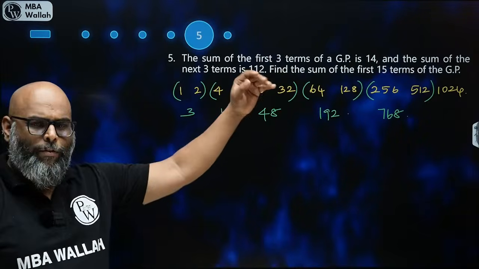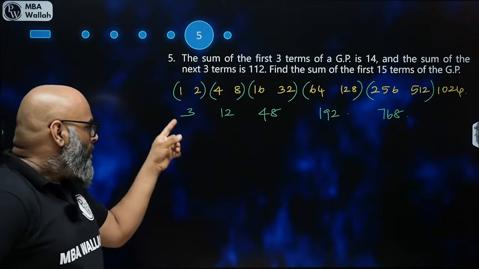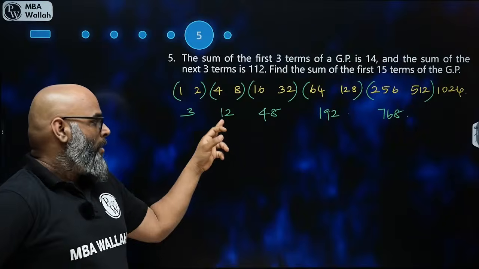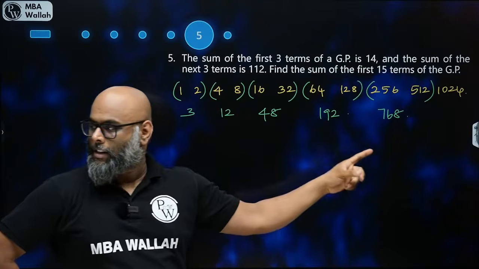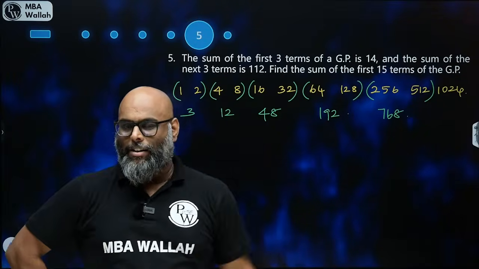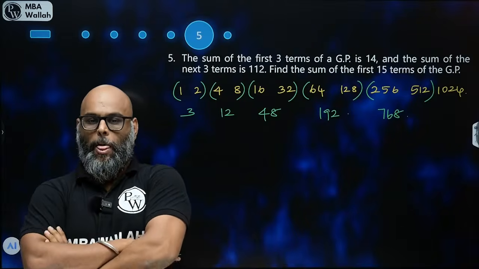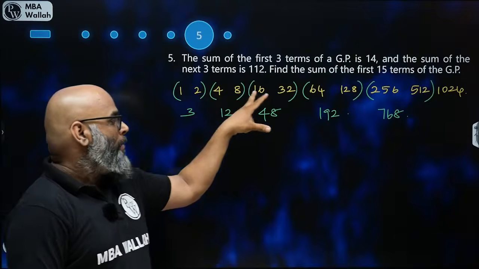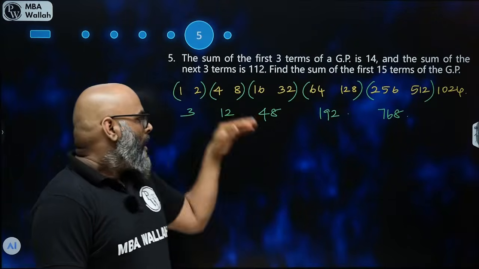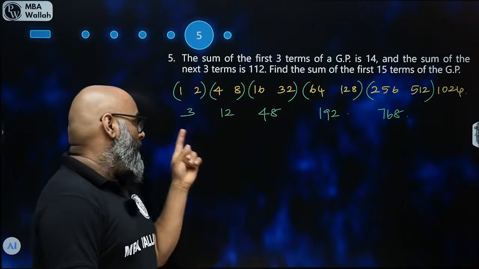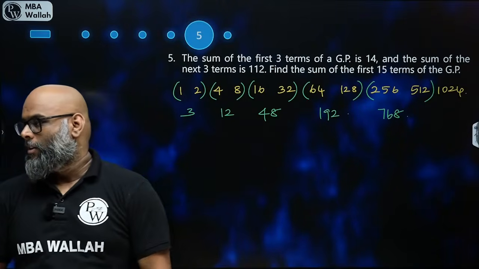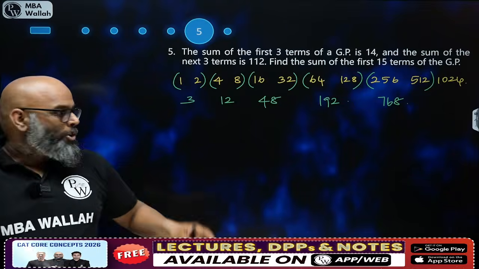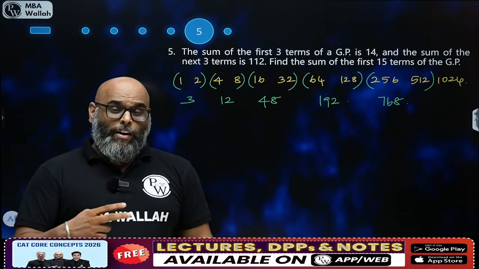We don't have 1024 and 2048 to add. Notice this. Do you see anything here? 3, 12, 48, 192, 768. Do you see any connection here? Do you see a pattern here? If you look closely, I added every 2 terms in the GP. I write them down and I realize that is also a GP, correct? Do you notice that?